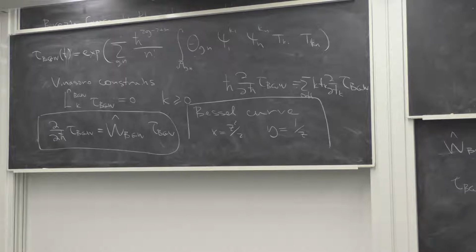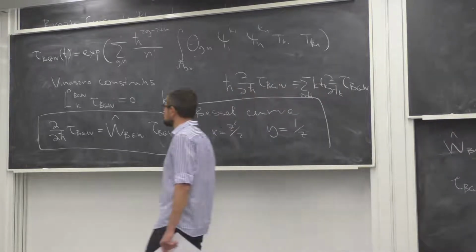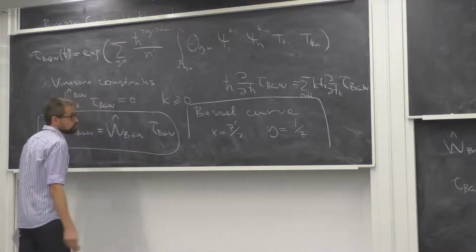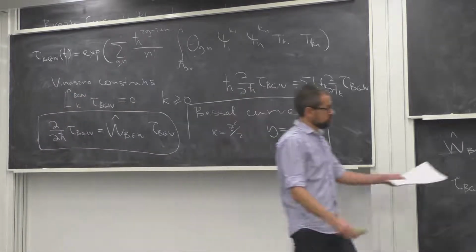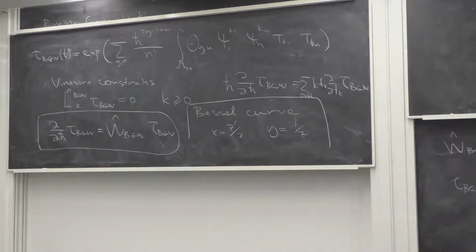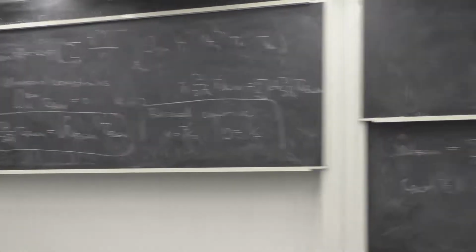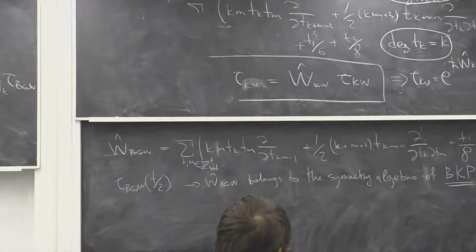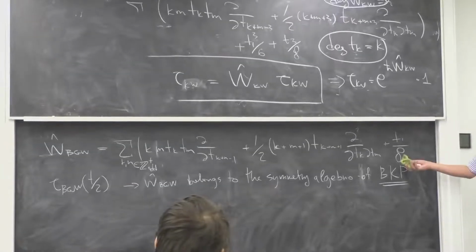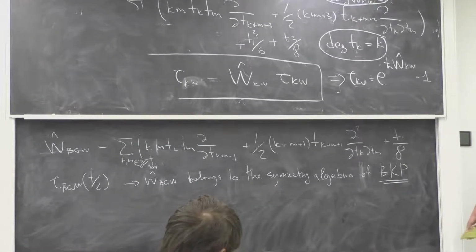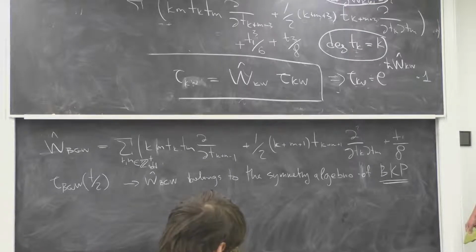What is the property of this cut-and-join to say immediately that it's a tau function of BKP? Well, here the property is that if you rescale the T variables, it belongs to the symmetry algebra of BKP. In that case, it does not belong to the symmetry algebra. That's it. So it's just an observation, and I don't know if there is any deep structure.